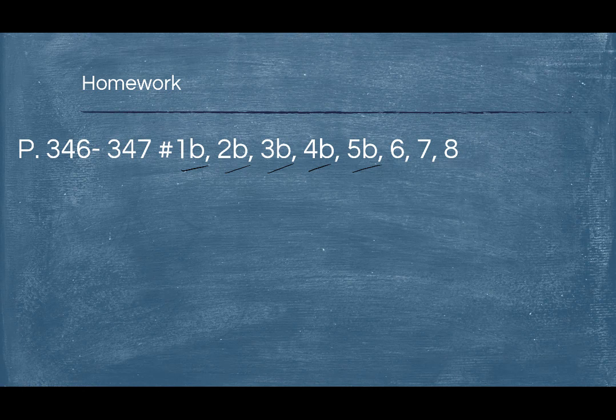And I just want you to show me one from each, right? So I just said B. Do 1B, 2B, 3B, 4B, 5B. And then there's a couple of word problems, just 3 of them, 6, 7, and 8, where they're more like the questions that I did as examples for you today. So just plugging numbers into formulas and coming up with answers. I think this will be a walk in the park after what we've been doing.